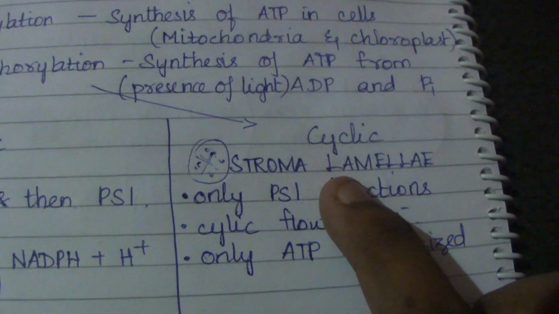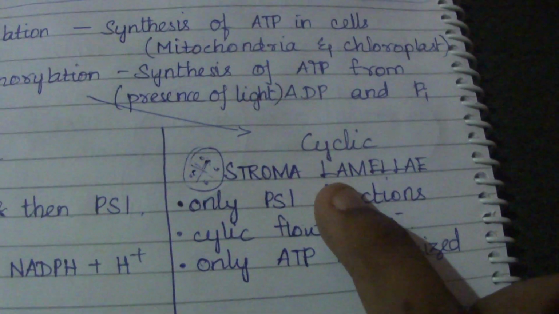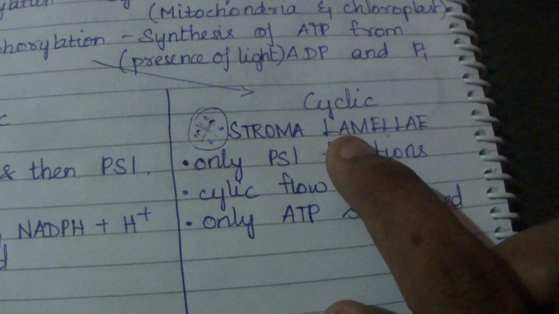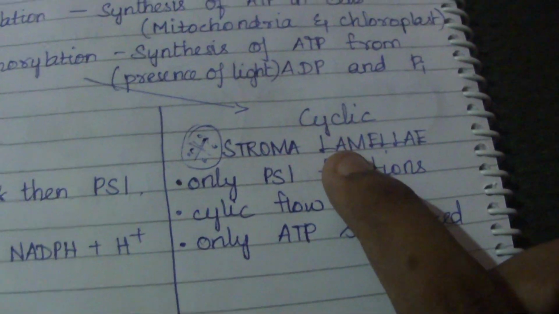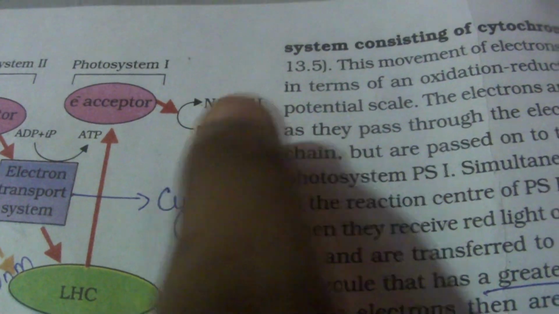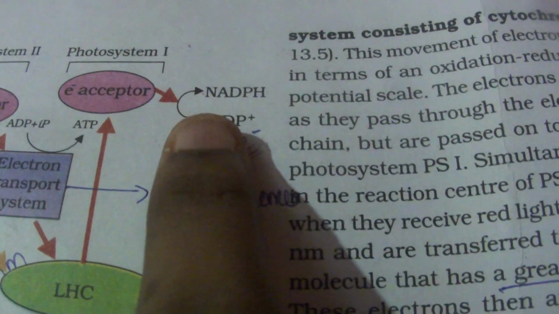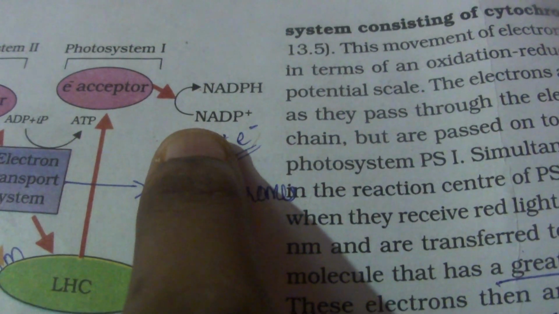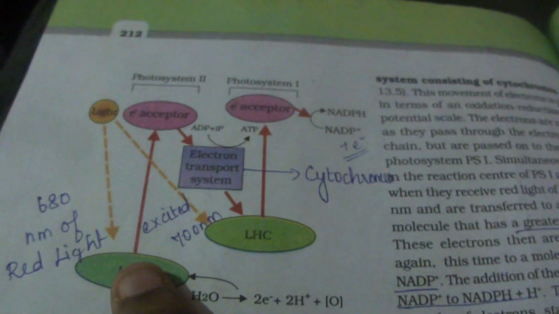Also, they do not have NADP reductase enzyme. Only if NADP reductase enzyme is there can this process occur, right? So in stroma lamellae membranes, both NADP reductase enzyme and PS2 are not present.